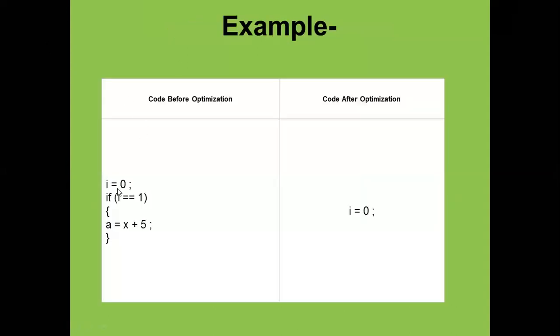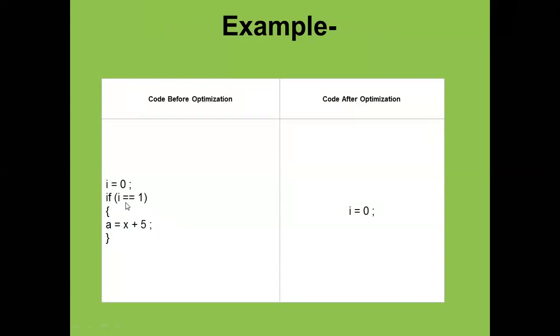Now we can see here i is equal to 0, if i is equal to 1, a is equal to x plus 5. Then what is the role of this a is equal to x plus 5? We are not defining a, we are not defining x over there, just we are defining i is equal to 0.